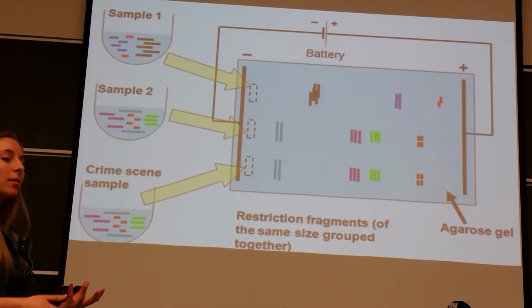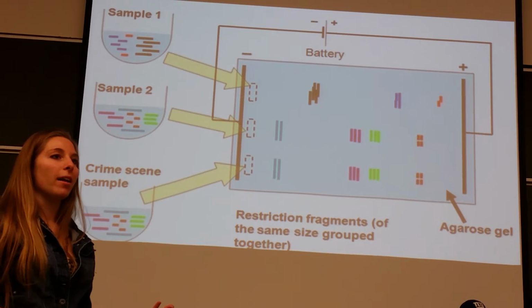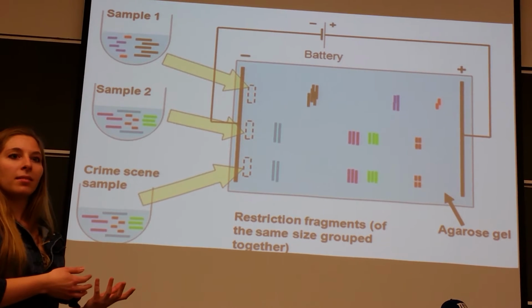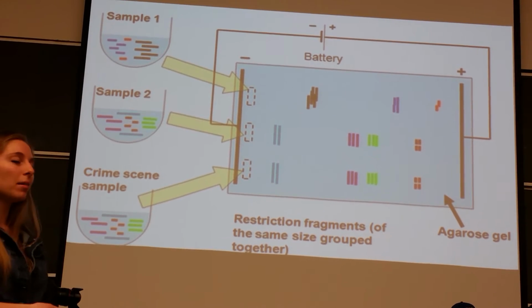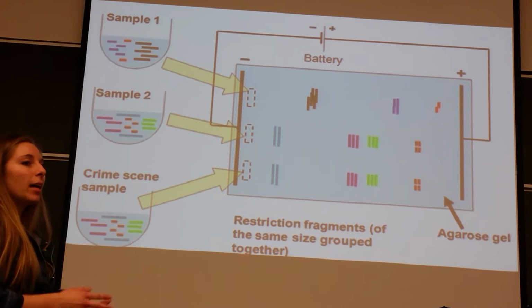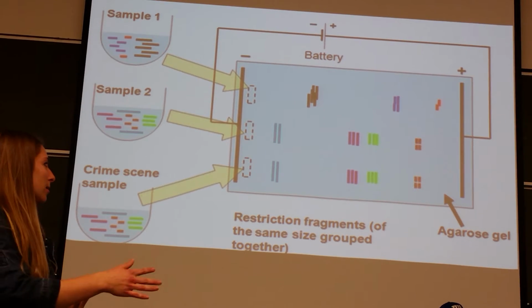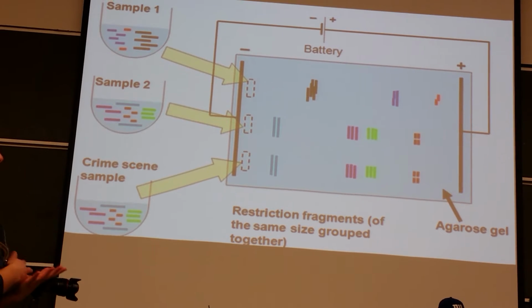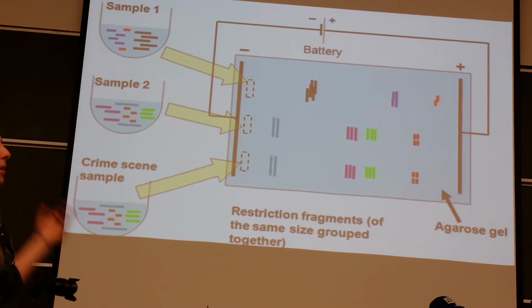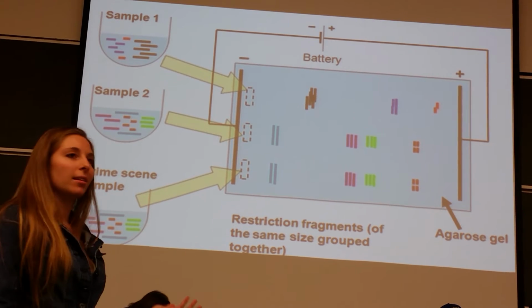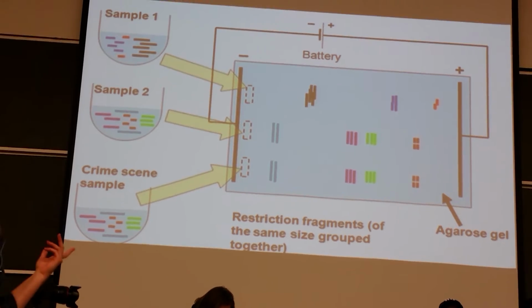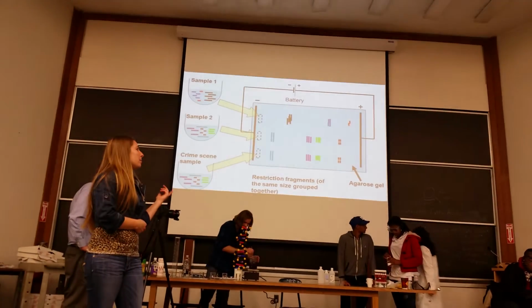And the smaller ones, what do you think happens to the smaller fragments? Do they move further or not as far as the big ones? Not as far. Yeah, because since they're small, they're lighter, and they're easier to move and maneuver through the porous gel. And the larger molecule fragments are left behind. And it creates a unique banding pattern depending on the restriction sites in this DNA molecule, per person or per organism. In this situation, we're using it with humans for crime scene analysis.